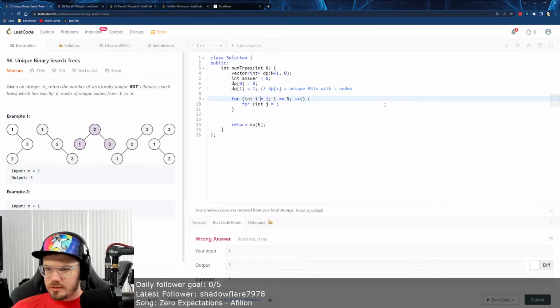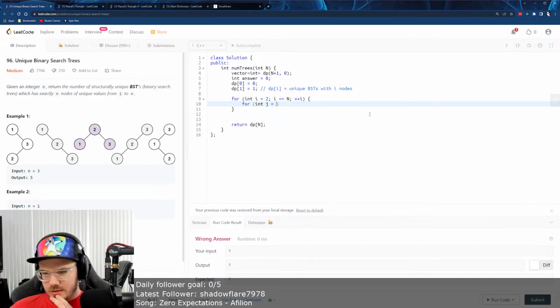Might make it a little bit easier to think about, I think. So we start off with I equals 2. And so now I'm trying to figure out, so j is going to be, j starts off at 1.